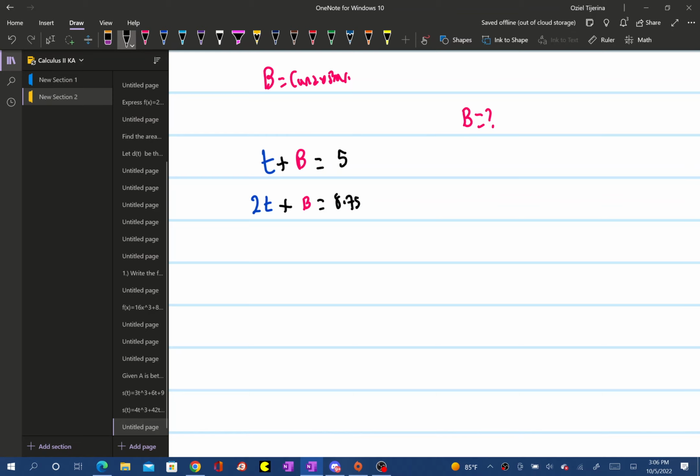We can do this either by substitution or elimination. I prefer elimination.